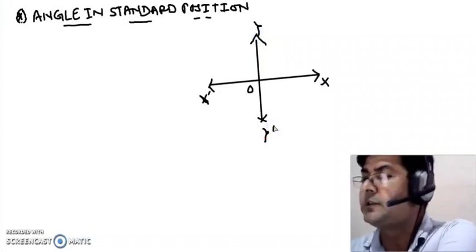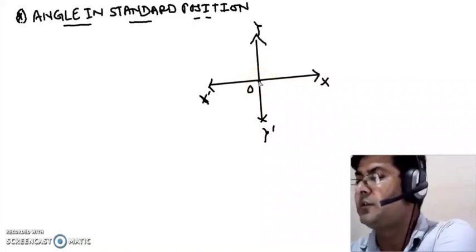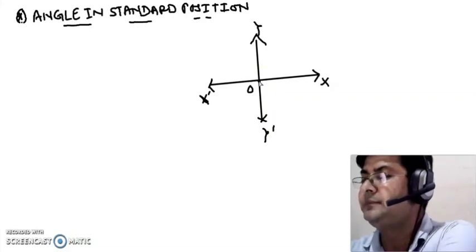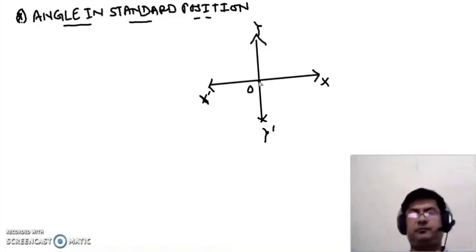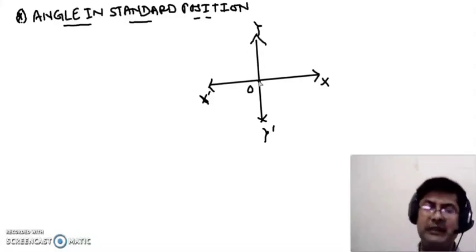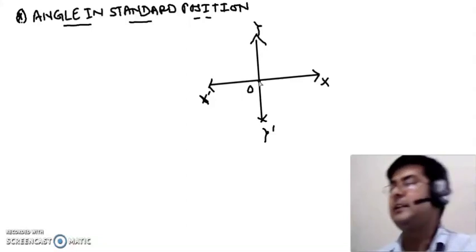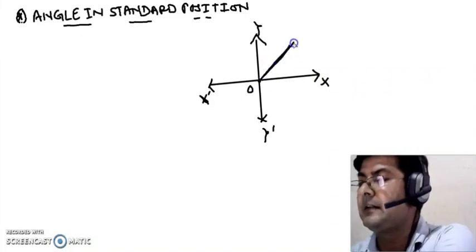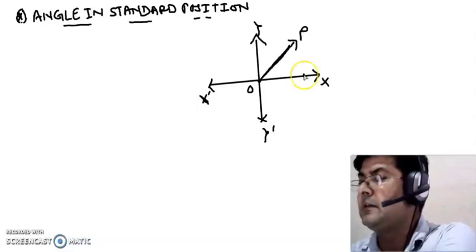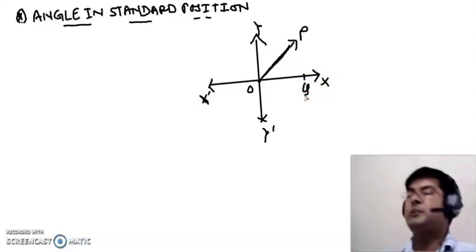Now, suppose any angle whose vertex or endpoint coincides with the origin, and its initial side coincides with OX, that is the positive side of the x-axis, then that angle is called the angle in the standard position. For example, let us consider an angle QOP or POQ.